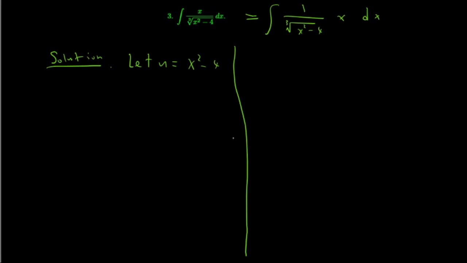Now the next thing we do is to compute du. du is called the differential of u. You take the derivative of x squared minus 4, you have 2x times dx, right?